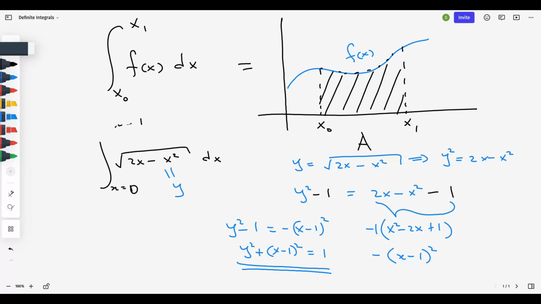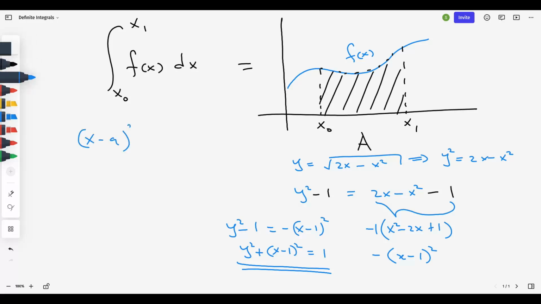The general form for a circle is x minus a squared plus y minus b squared equal to r squared.